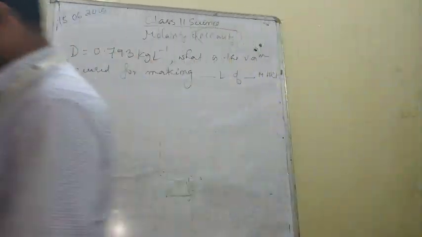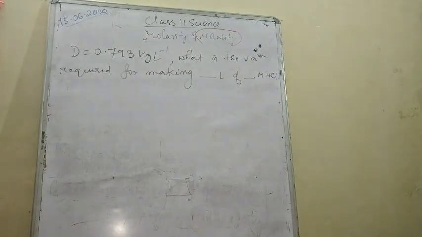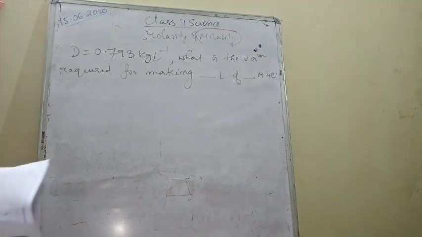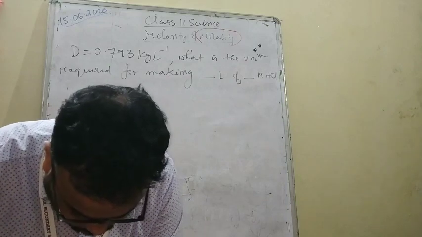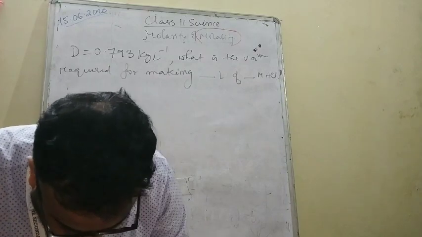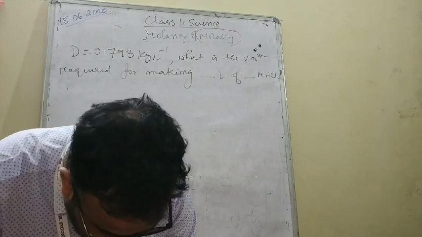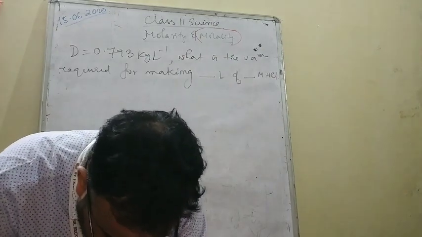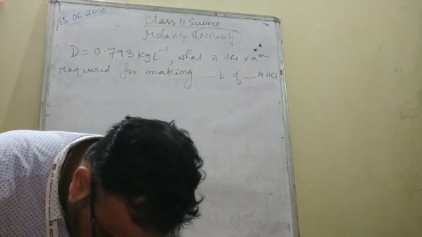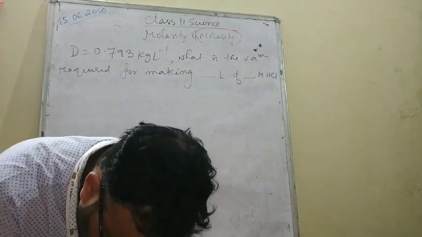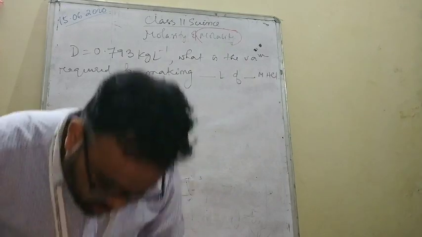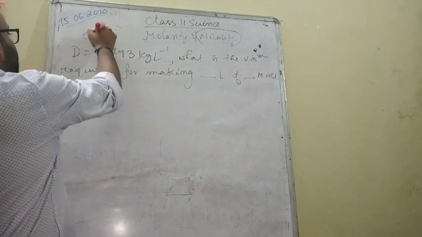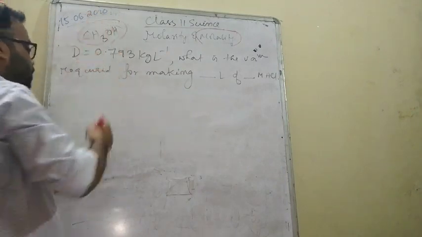If I try to look at the question, then the question which is given is that if the density of methanol is given, the formula is CH3OH.